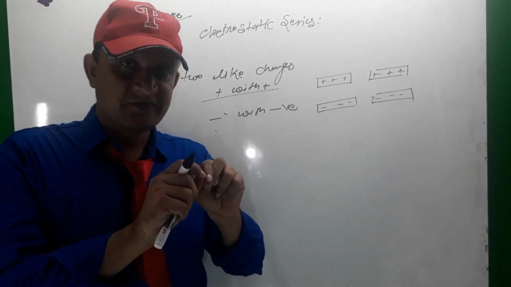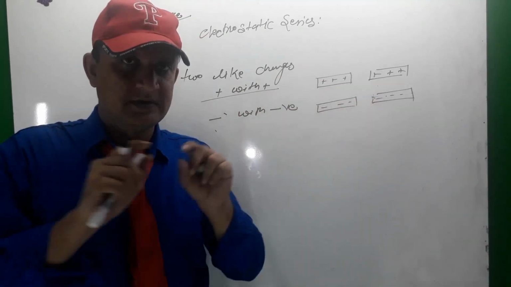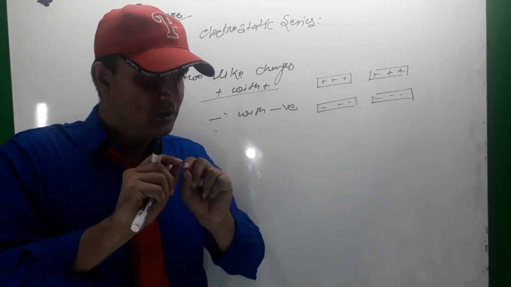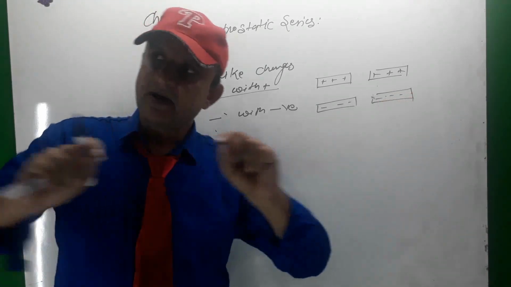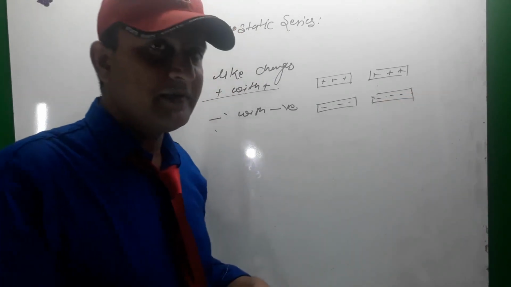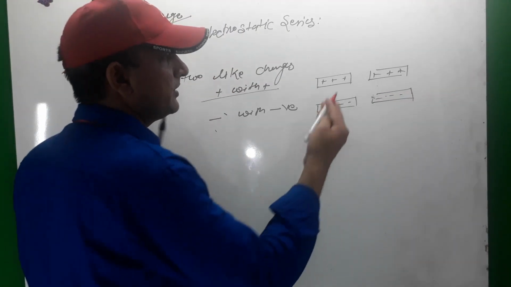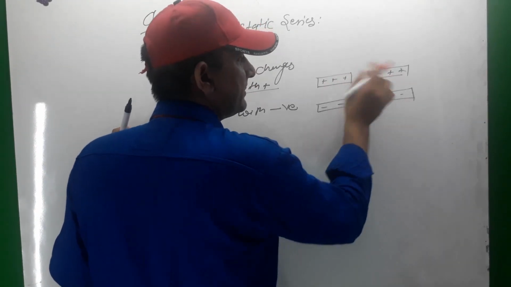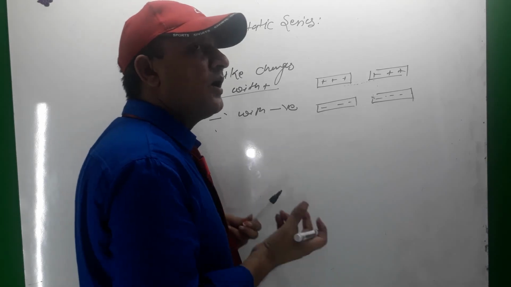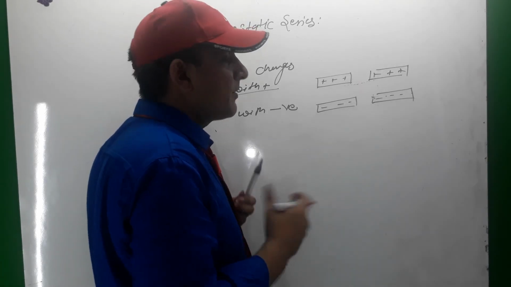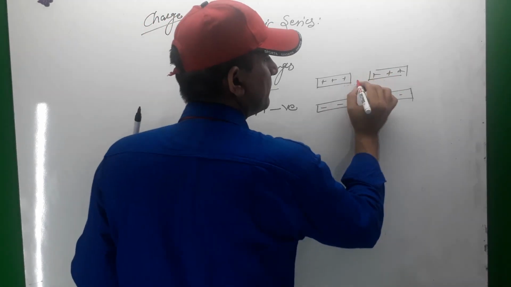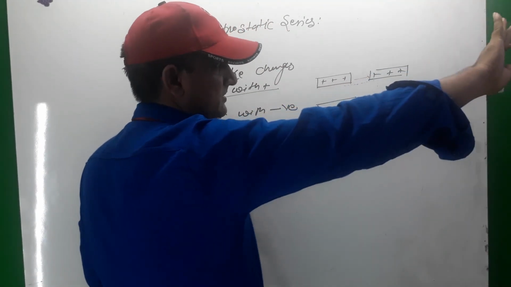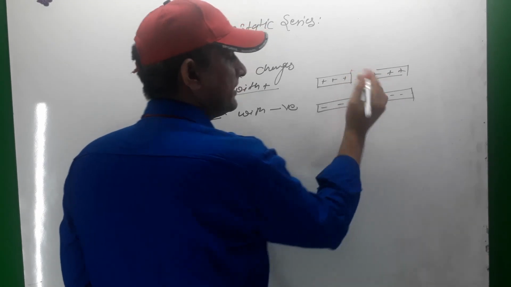They will give a repulsion force to each other. They will try to go far away. How is that possible? When you bring them close, they will feel a repulsion force; it will throw this one to that side and that one to this side.